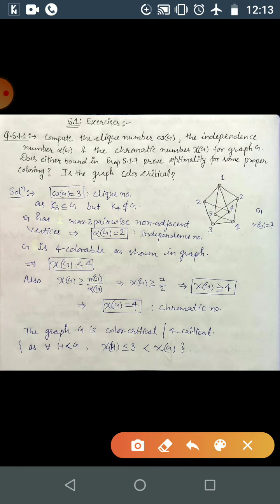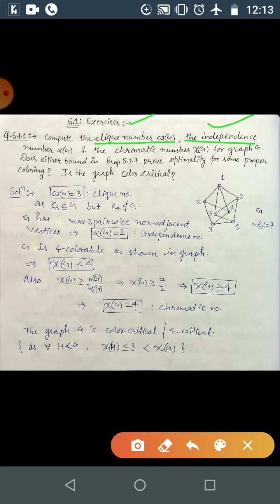The first problem is to compute the clique number, that is, the maximum number of mutually adjacent vertices. You can just say the set of mutually adjacent vertices. Independence number is the maximum size of an independent set, in which we have mutually non-adjacent vertices, so every two vertices are non-adjacent.